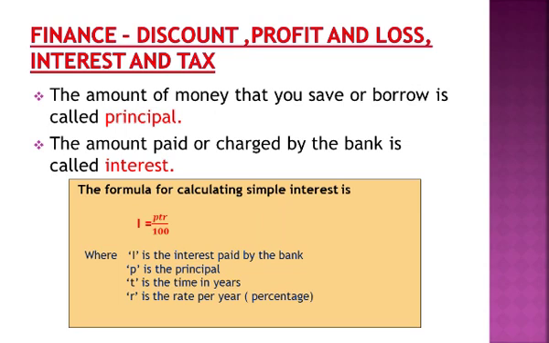The formula for calculating simple interest is I = PTR over 100, where I is the interest paid by the bank, P is the principal, T is the time in years, R is the rate per year or percentage. Again, look at the formula. I = PTR over 100.